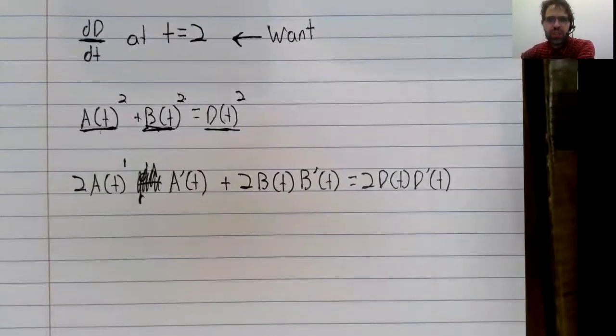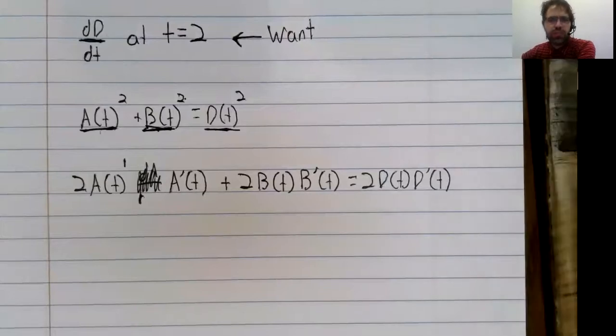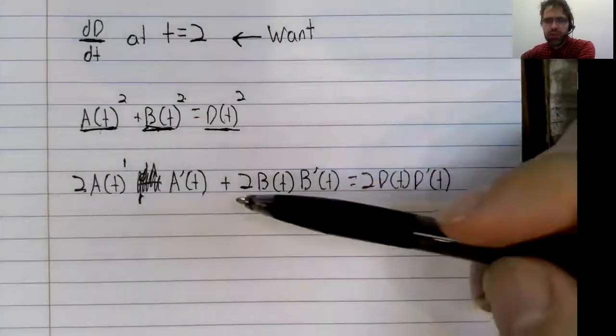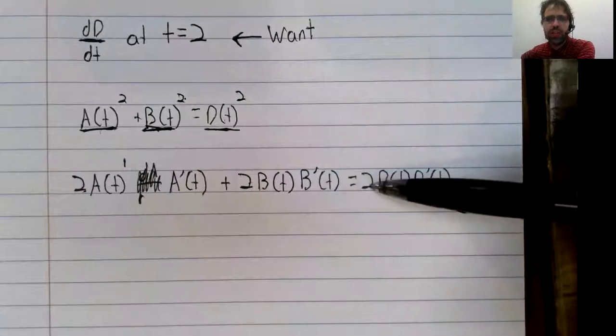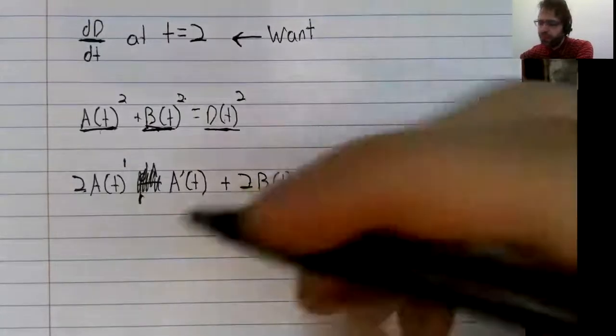And we can do some cancellation just to simplify stuff slightly. There's a 2 and a 2 and a 2.